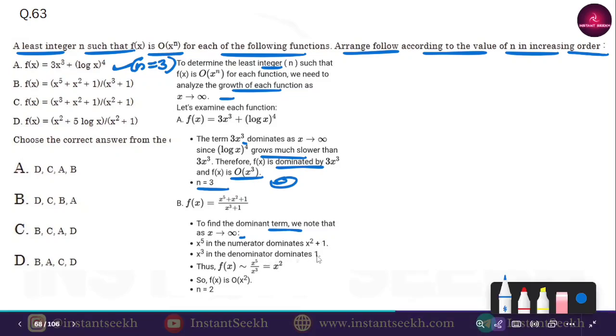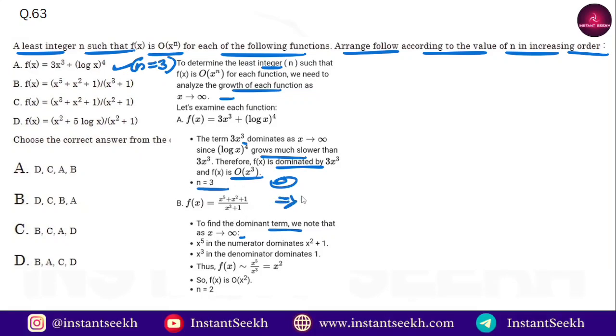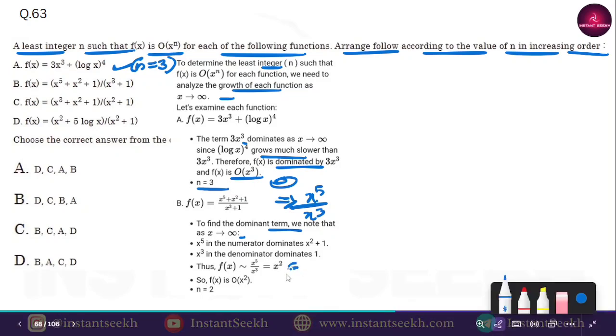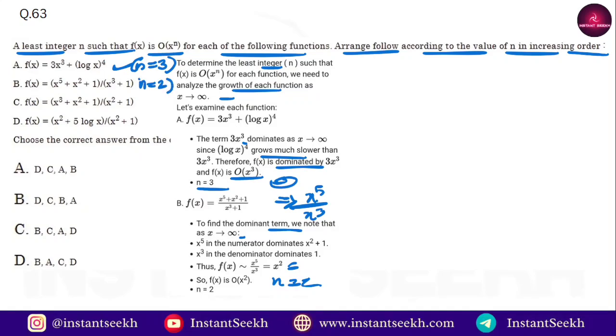So we can simplify this as x raised to 5 upon x raised to 3. That gives us x raised to 2. So comparing with O of x raised to n, our n becomes 2 here. For the second equation we have n equal to 2.